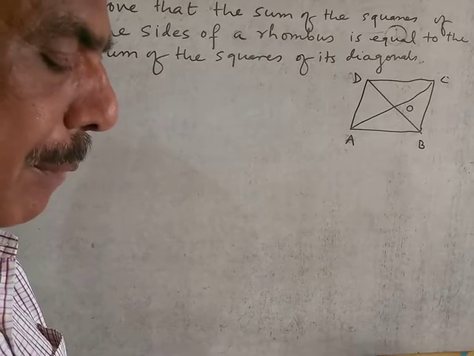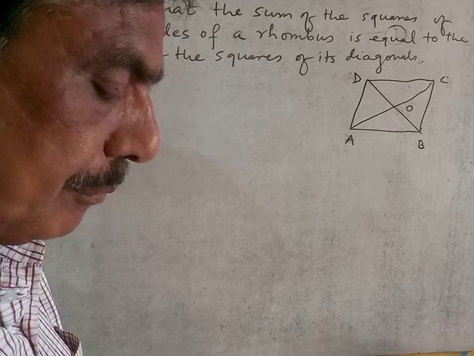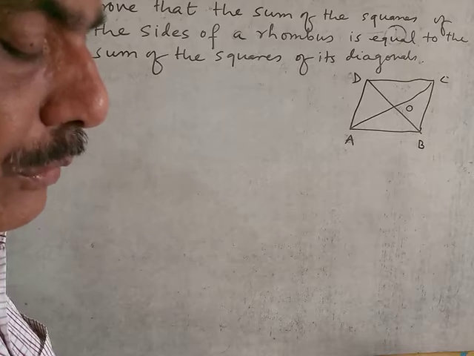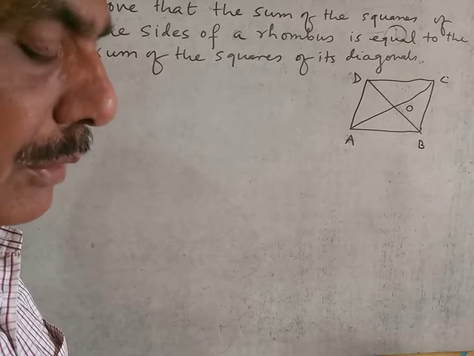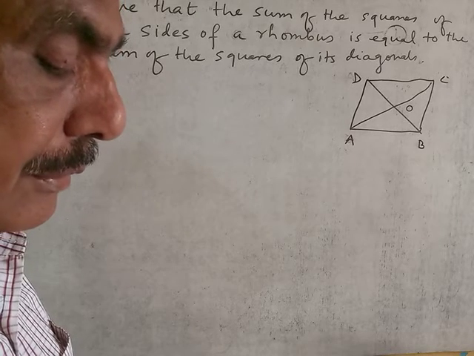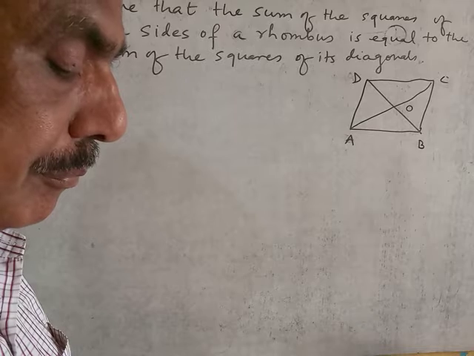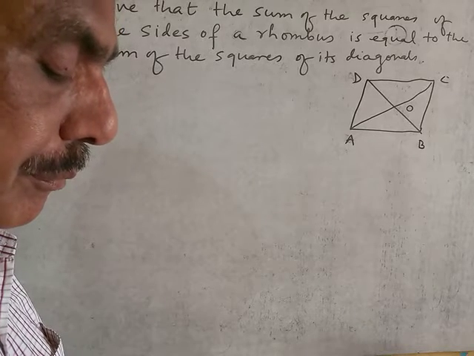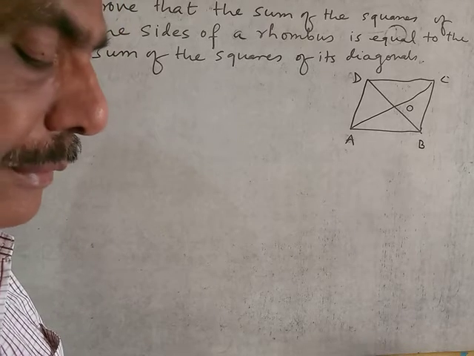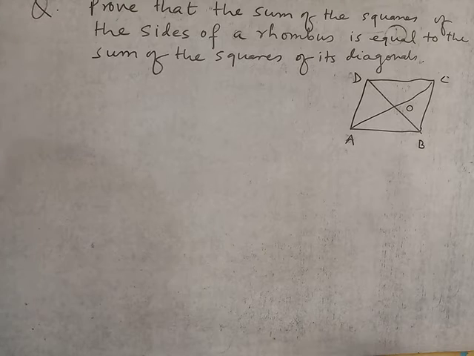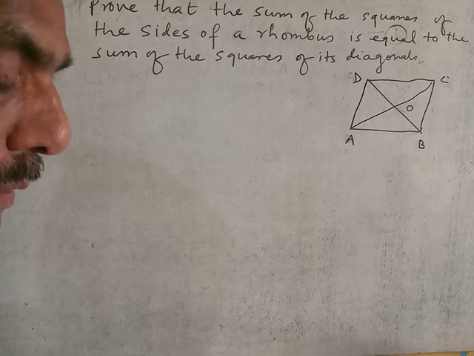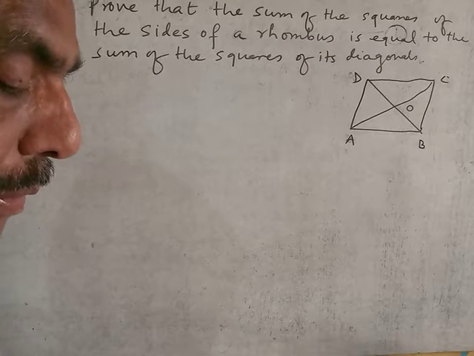So to prove that, the sum of the squares on any two sides of a triangle is equal to the sum of the squares on its diagonal. And in a rhombus the diagonals also bisect each other, and they bisect each other at a right angle.